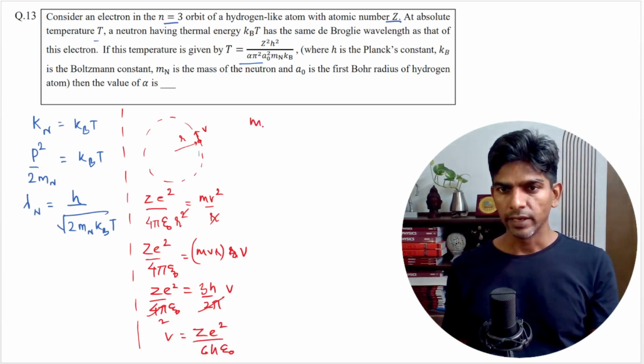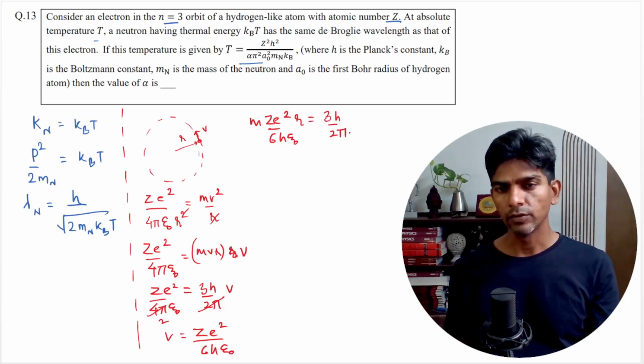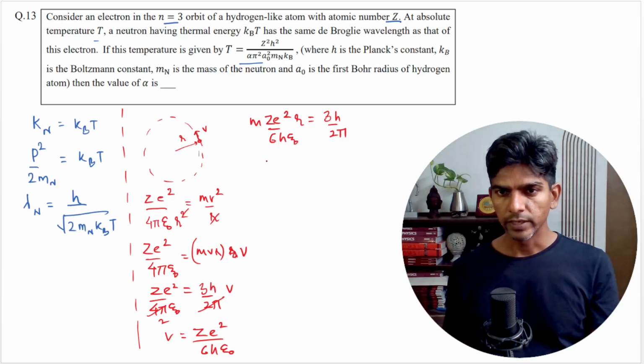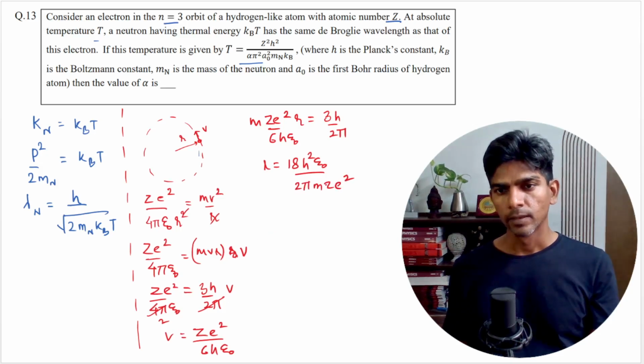Right, so we know that m times ZE square upon 6h epsilon naught times r will give us 3h upon 2 pi, like angular momentum. So from this we can find r, which will be 18h square epsilon naught by 2 pi m ZE square, right?